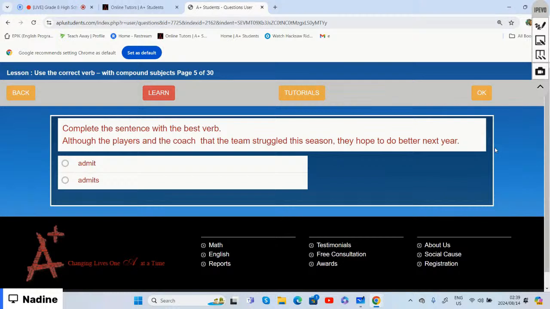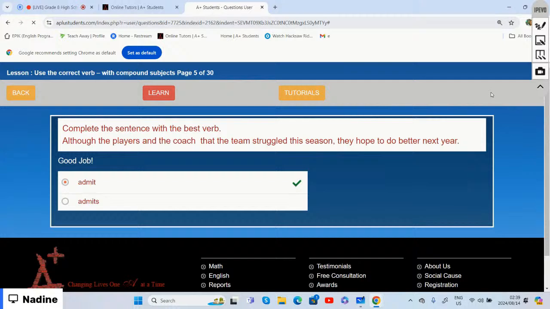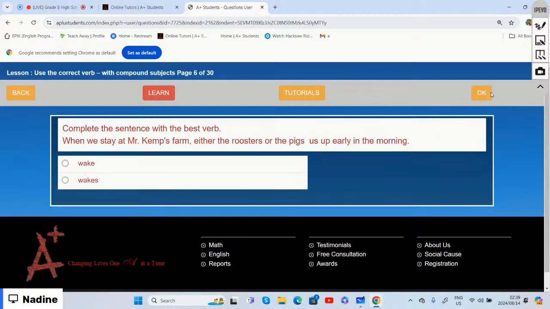All right. And if we were to choose the correct one, we would say they admit because it is more than one, meaning it is plural.